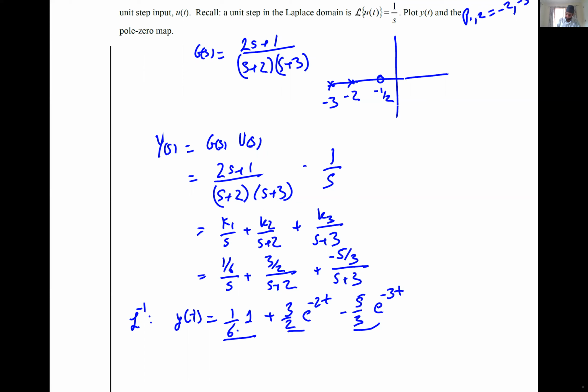This 1 over 6 is also referred to as the steady state value, and we can denote it by y_SS, which is also written as limit t tending towards infinity of y(t).